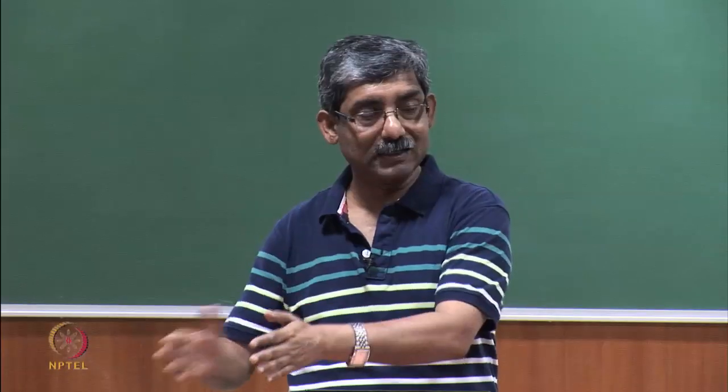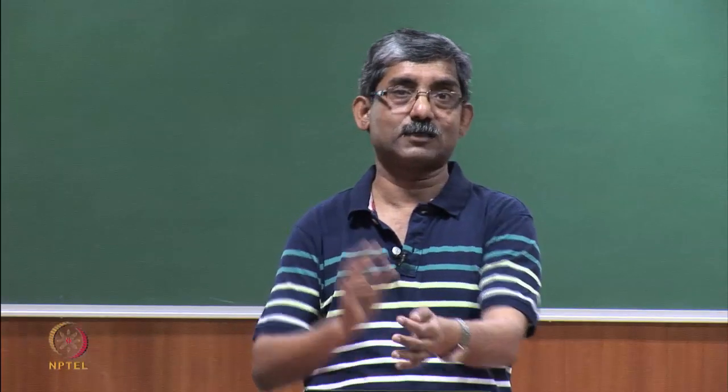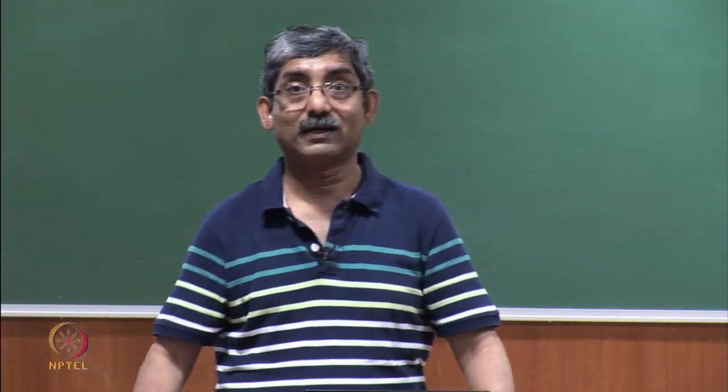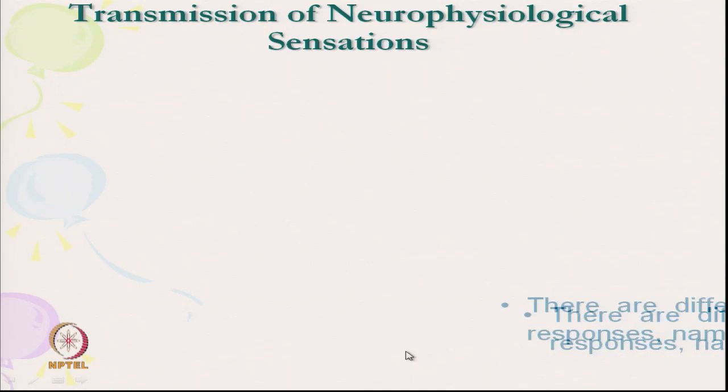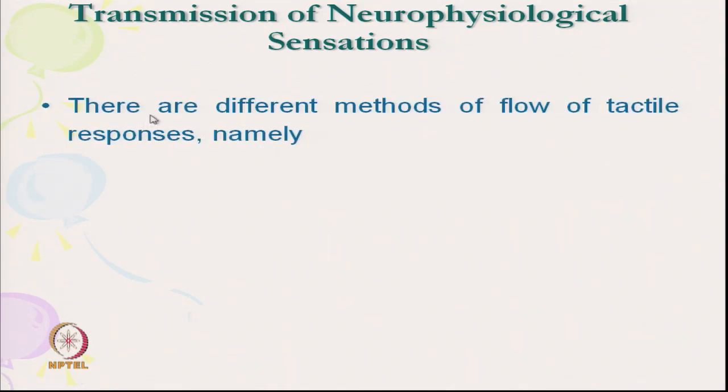From the skin surface, the energy transmits to the tactile receptors, different receptors, and then from that receptor it gets transmitted to the brain through the spinal cord. So, there are different methods to flow the tactile responses.